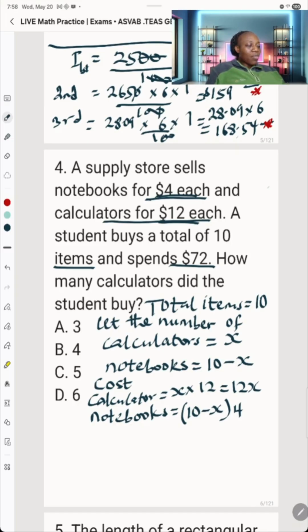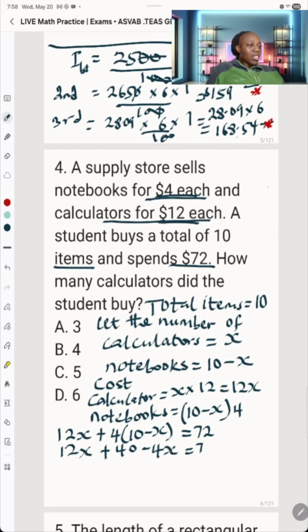So that means we have 12x plus 4 times (10 minus x) equals 72. So that will be 12x plus, let's open the parentheses, 4 times 10, that is 40. Then 4 times negative x, that is negative 4x, equal to 72.